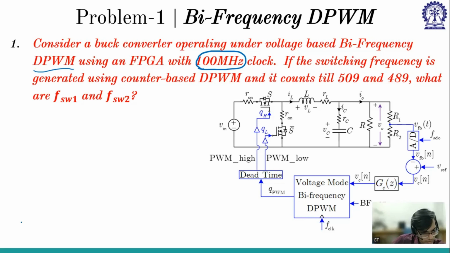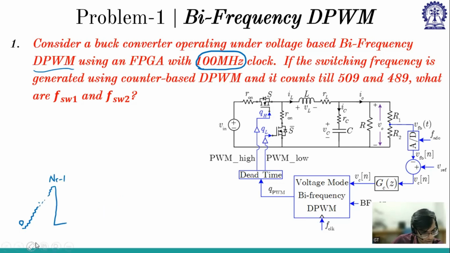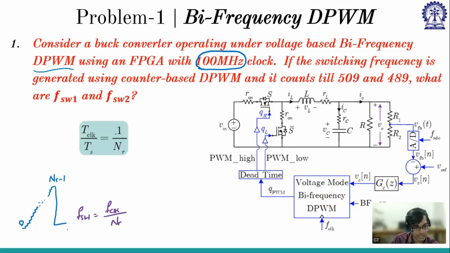And we know in a counter-based DPWM, if it is counting from 0 to NR minus 1, then T clock by TSW is 1 by NR, which means FSW is F clock by NR.